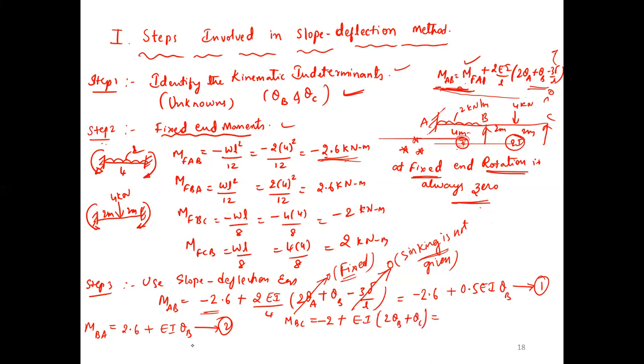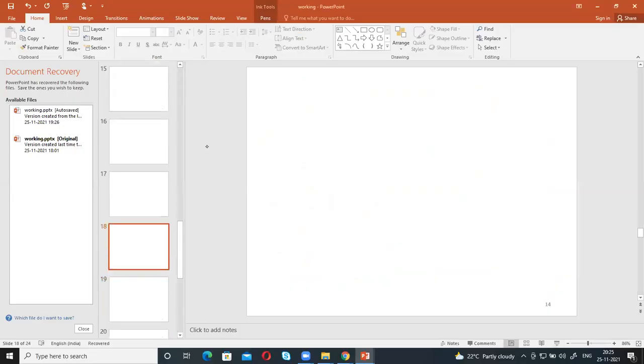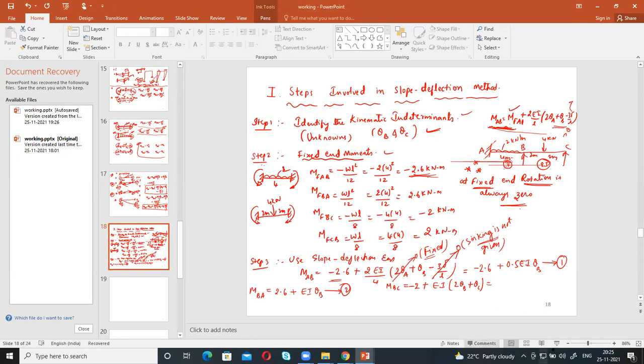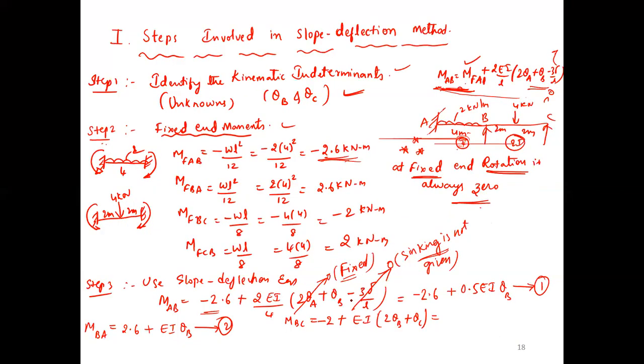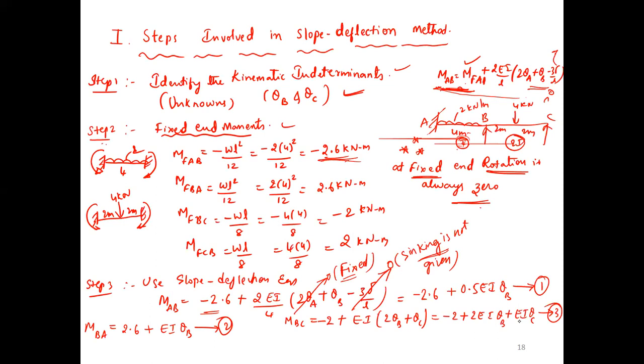So finally you get minus 2 plus 2 EI theta B plus EI theta C. This is equation 3. Please check equation 3. Is it fine? 2 EI by L, 2 into 2, 4 EI, by L is 4, the 4s cancel.